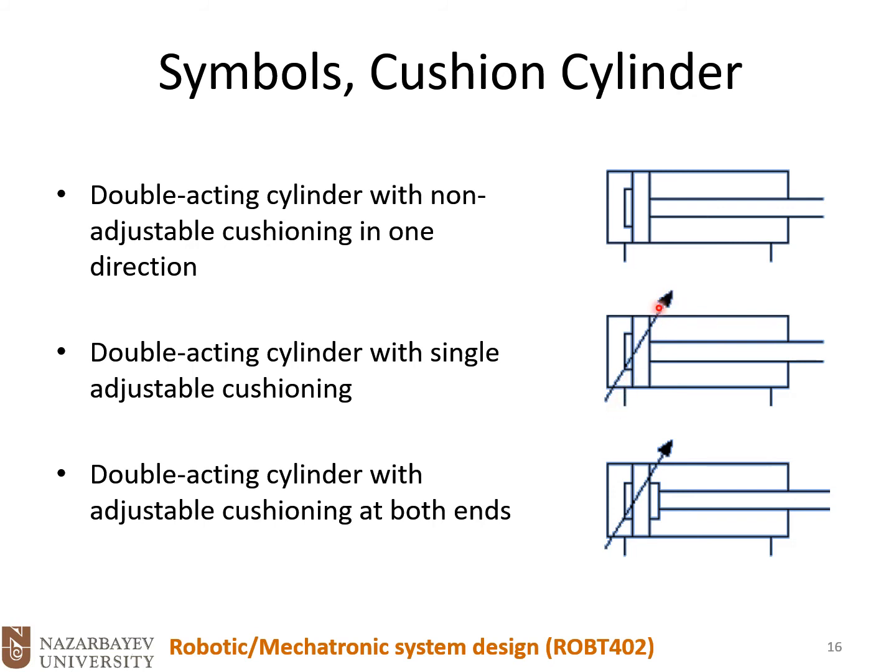We have a set screw with which we could set the level of cushioning. This one has cushioning on both sides, in forward and backward motion, and of course this is more preferable than the other ones. It's always preferable to have cushioning because of the noise and because it will increase the life of those cylinders.